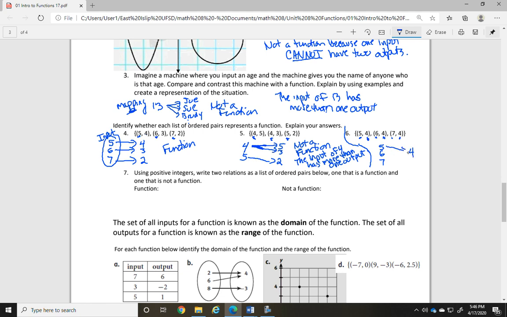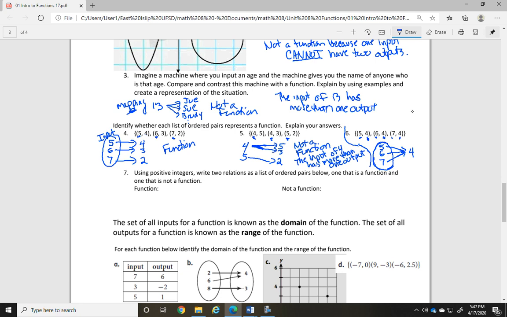5 goes to 4. 6 goes to 4. And 7 goes to 4. Remember, the thing that determines if something's a function is if each input has one output. Does each of these inputs only have one arrow coming out of it? Yeah, they do, right? Each input only has one arrow.